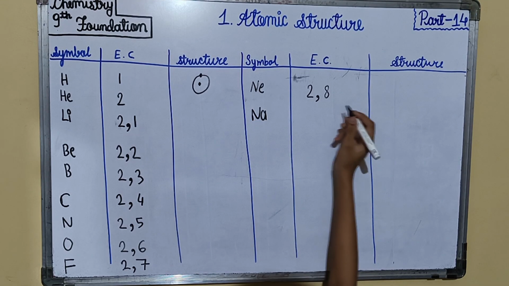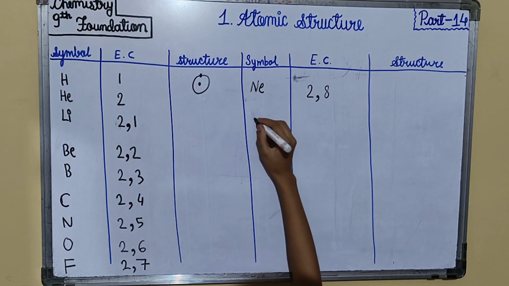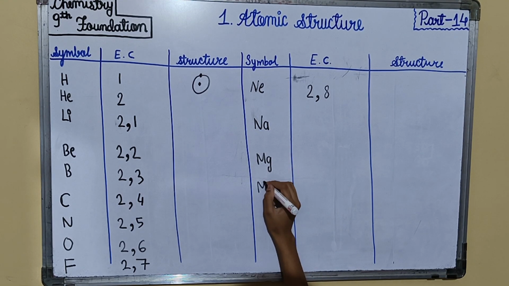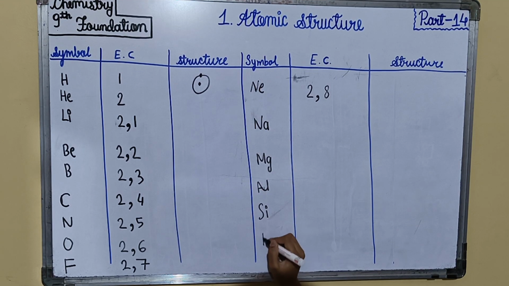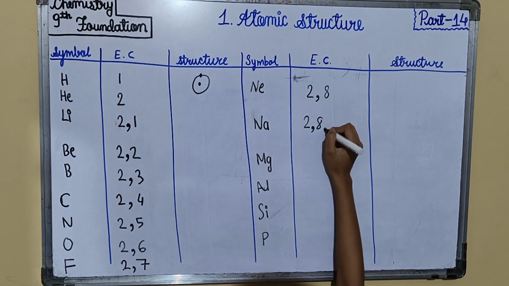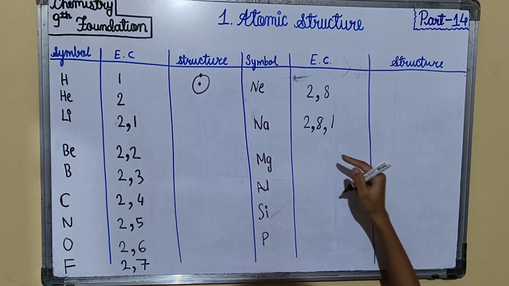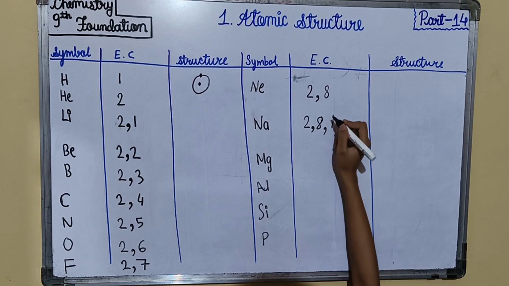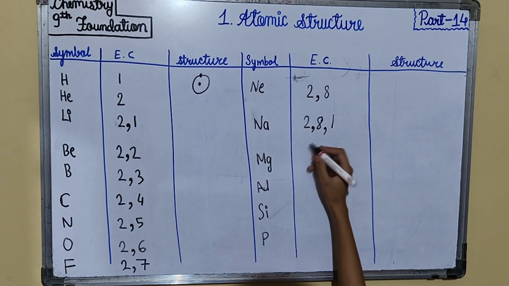In sodium we'll write 2 comma 8 comma 1. We will not take 2 comma 9 because the second shell allows the sufficient electrons that could be adjusted is only 8. So we'll shift 1 electron to third shell.